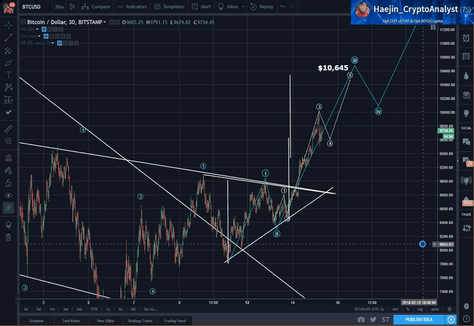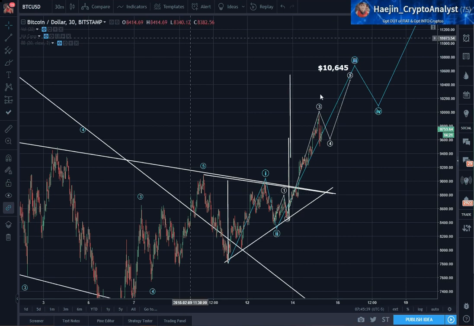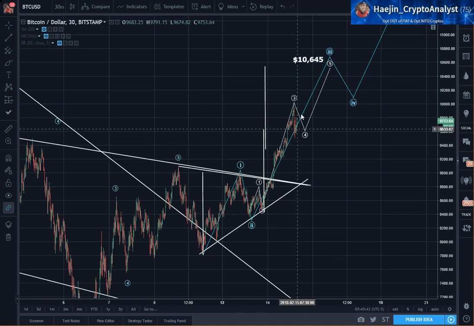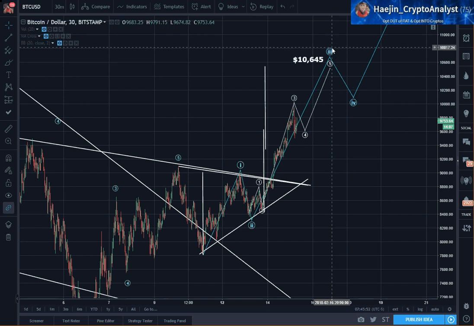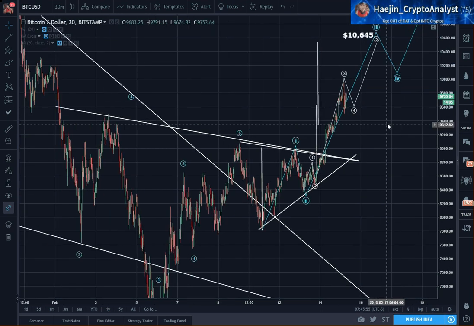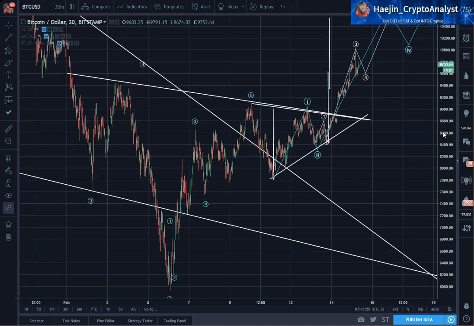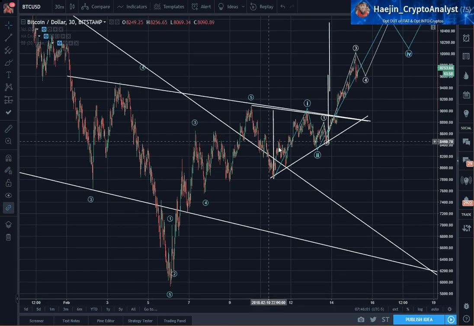And if this is the case, then I think once this is done, and once this wave 4 is complete, we should get one more wave, subwave 5 of 3 in progress. But this head and shoulders is beautifully in play right now.